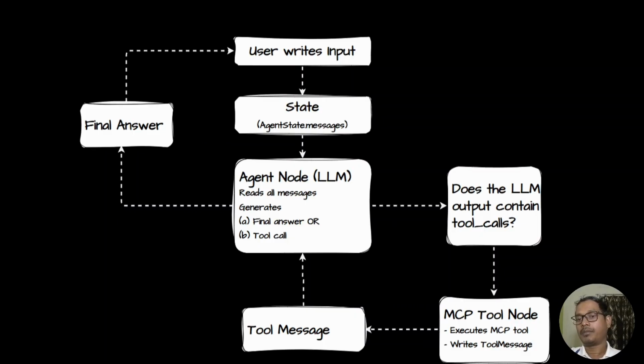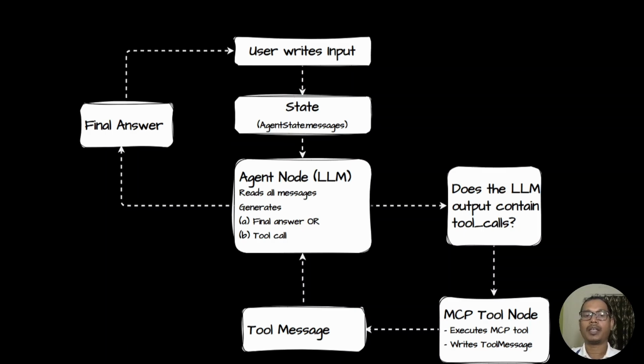The MCP tool will have all the required tools. It will execute that tool, and whatever response comes from the tool, it will keep in a tool message. Then it's sent to the agent. The agent will finally validate and create a final answer, and send it to the user.